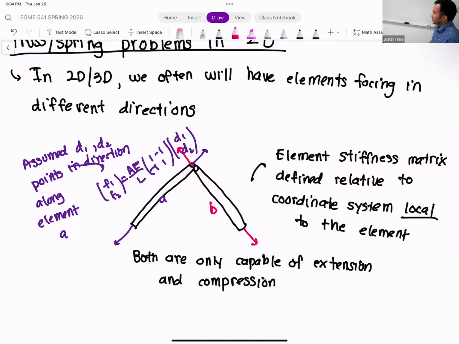Every element can have its own element stiffness matrix. The problem is when we go to assemble, right? One thing that's implicit to our assembly step is that when we assemble different element stiffness matrices into the same linear system, we're assuming that everyone in that assembled system is using the same coordinate system.